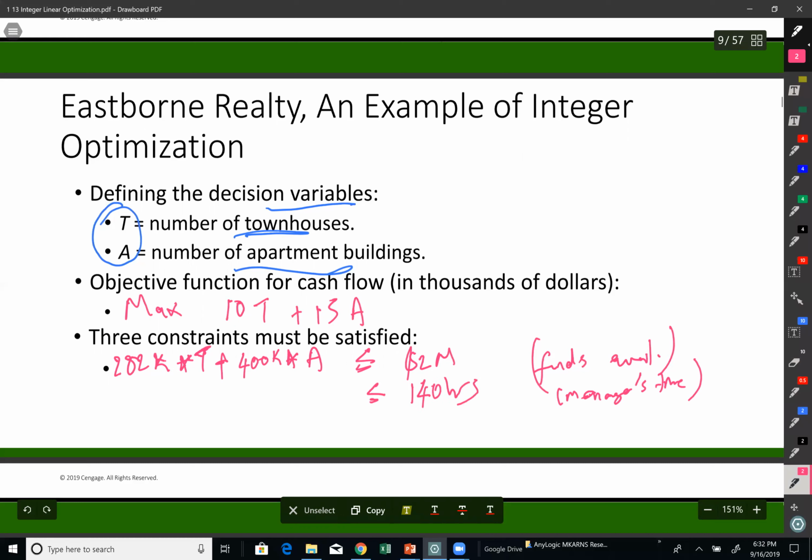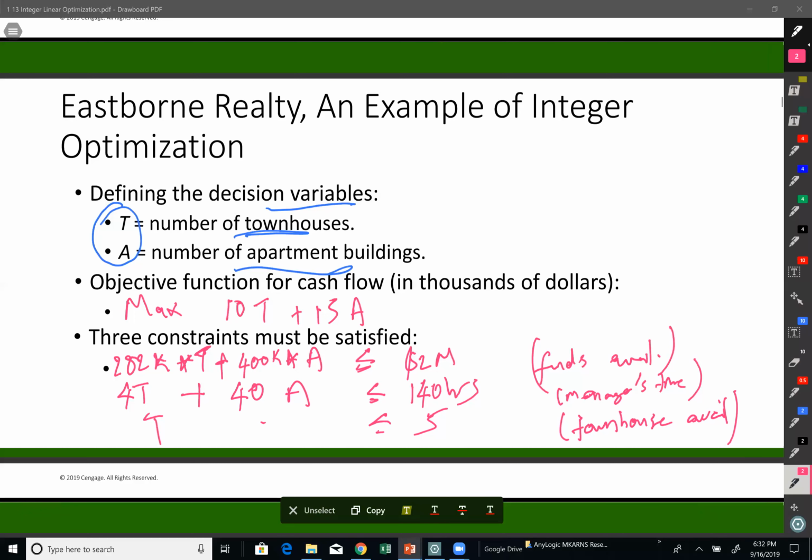So every single townhouse, 4T, takes 4 hours, and every apartment building on average costs us time-wise 40 hours times A. And we have a townhouse availability constraint. We know that the right-hand side value is 5 townhouses, because that's the maximum number of townhouses that we have. All right, so these are the 3 constraints that we have in this model.